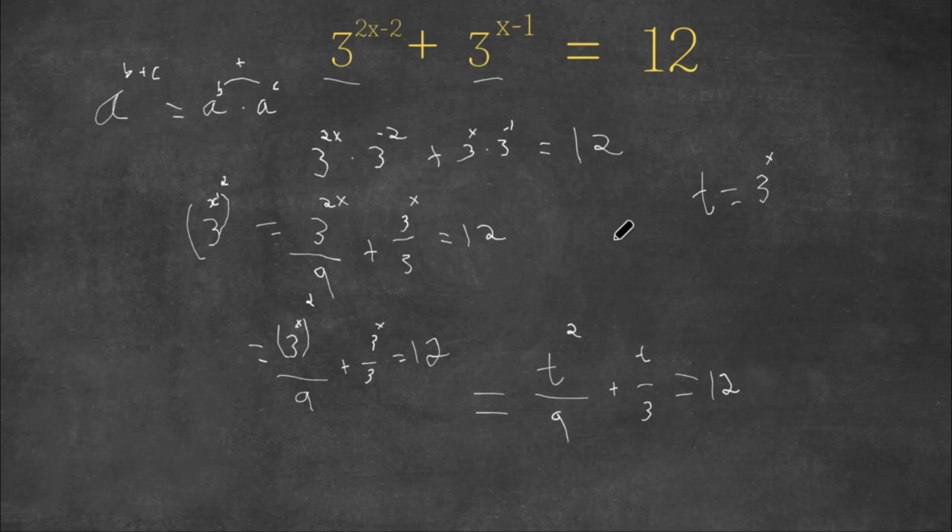Now we're going to multiply this whole thing by 9. So the 9s would cancel out, and we have t squared plus t over 3 times 9, which is 3t, equals 12 times 9, which is 108.